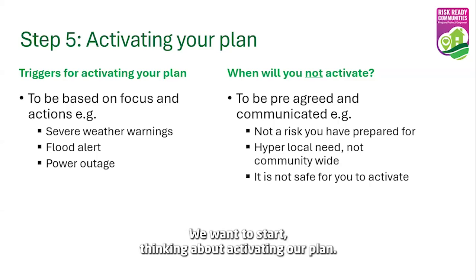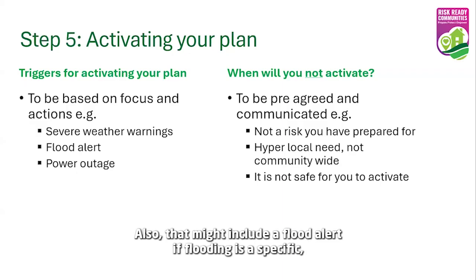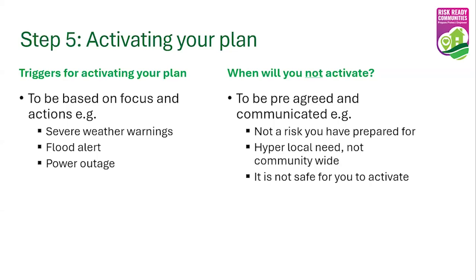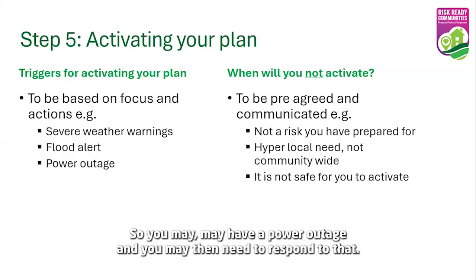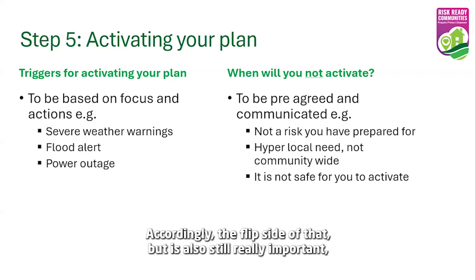We want to start thinking about activating our plan, and what we need to do. Also, that might include a flood alert if flooding is a specific risk you want to prepare for. Or something might have happened unexpectedly, like a power outage, and you may then need to respond to that accordingly.